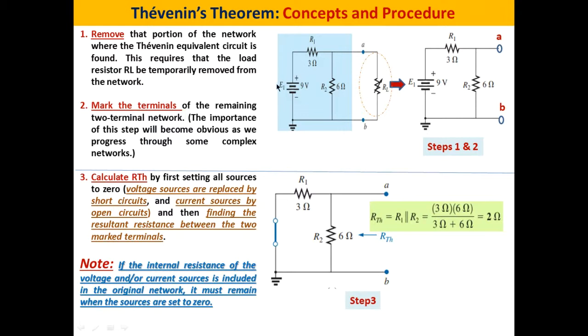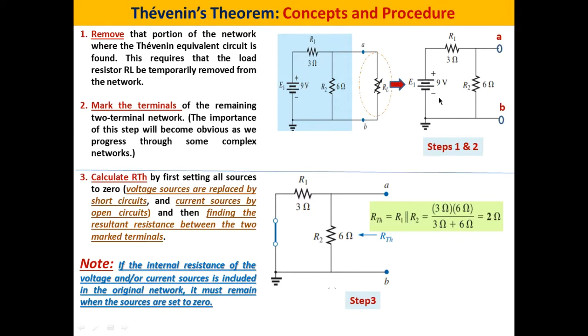As you can see here, we have one voltage source with two resistors, R1 and R2. And here we have RL, the load resistor, connected to terminals A and B. So first of all, we have to remove RL from the circuit.